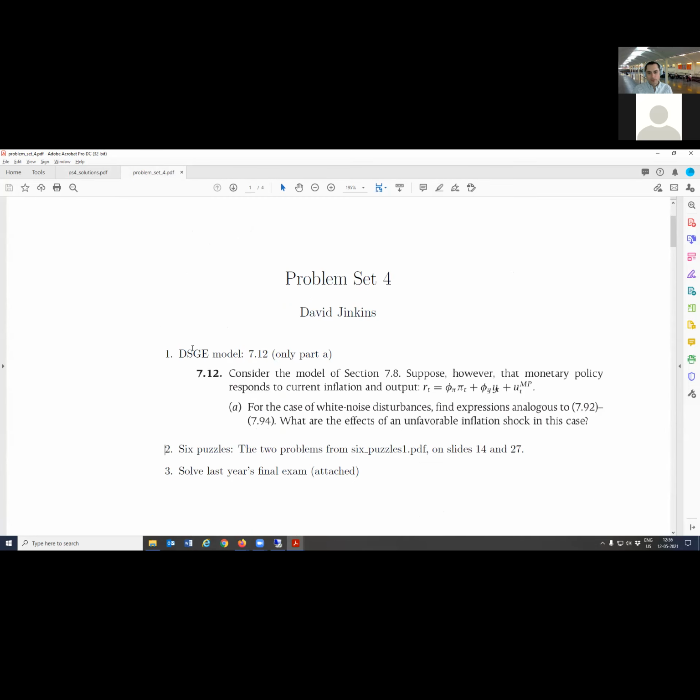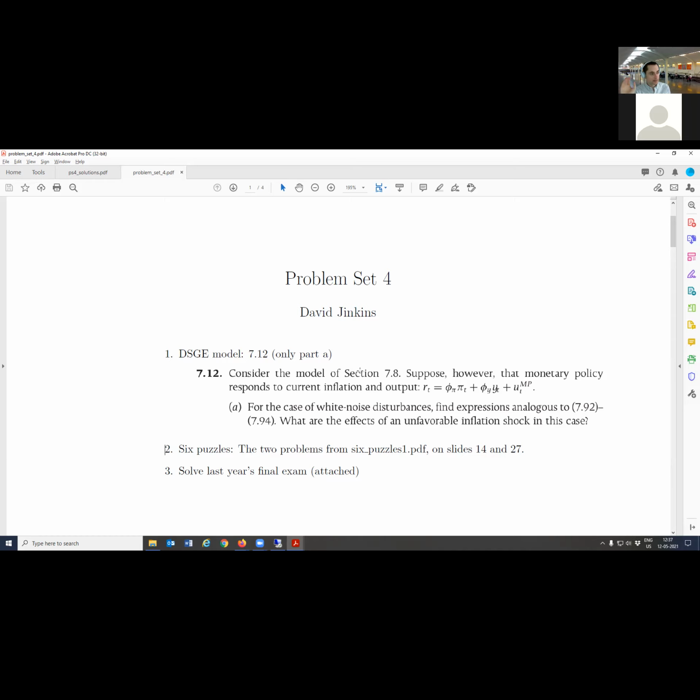So starting off with the problem from the textbook, 7.12. It says, consider the model of section 7.8. Suppose, however, that monetary policy responds to current inflation and output, and then it's given by this equation here. You'll recall that in the baseline 3-equation DSGE model we had in chapter 7, it was all forward-looking.